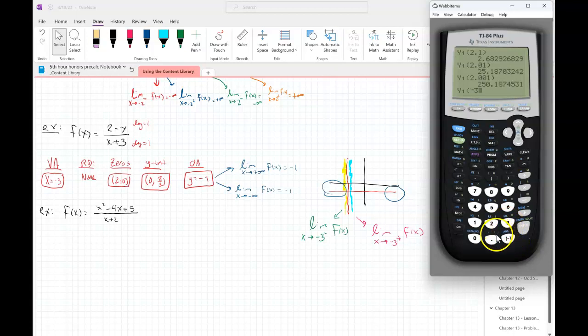And then I'll start with something a little bit smaller than -3 and just get progressively closer to -3 as I go. And usually after just a couple of inputs, I get the idea of what's happening here. So that's going to -infinity.